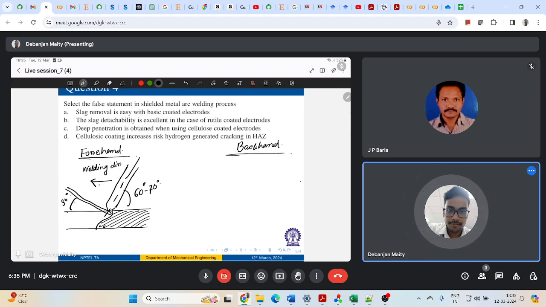And how will it look in the backhand welding method? In the backhand welding method, this is my weld position zone where my filler rod is inclined. So let's say this is my filler rod.